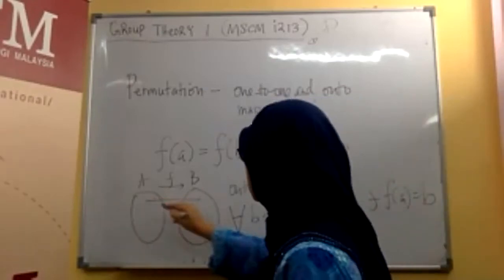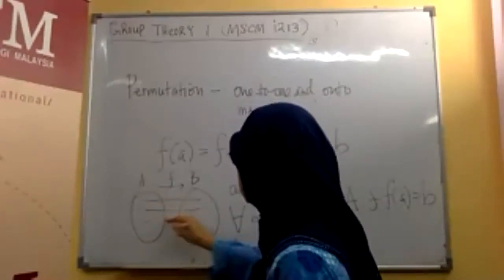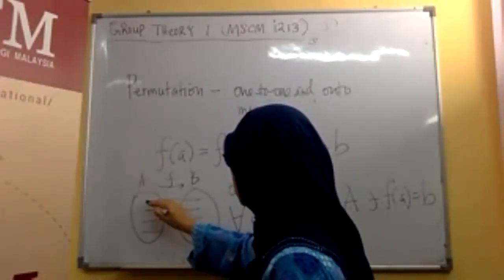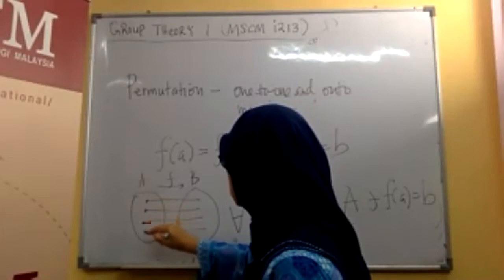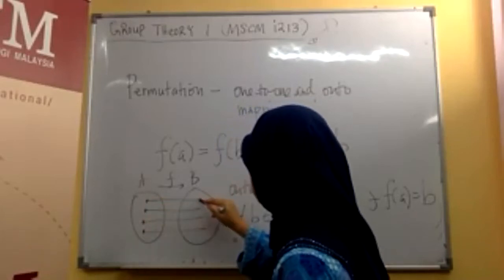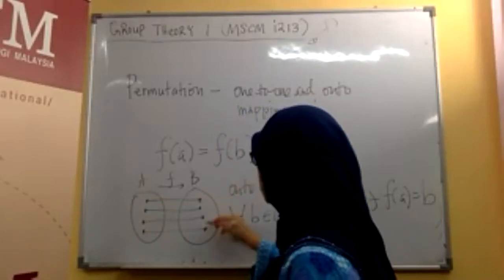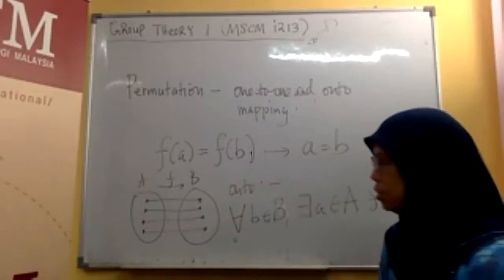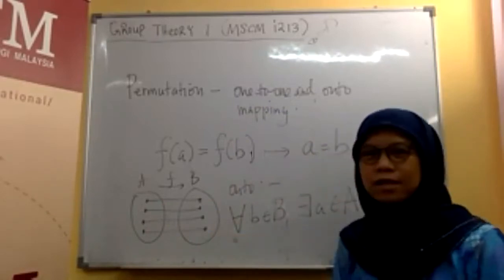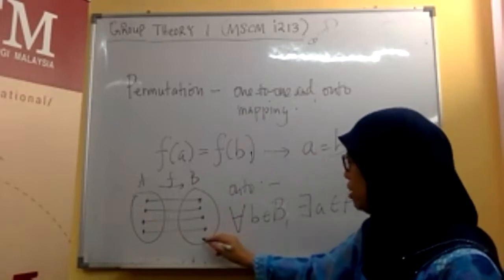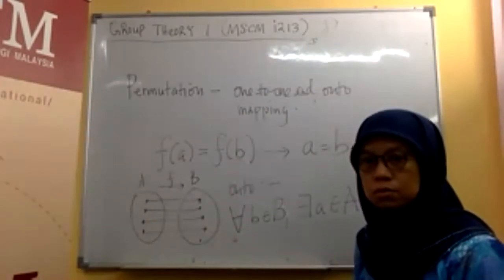So this is one of the examples, 1 to 1 and onto. If you have 4 here, you have to have 4 here. You cannot have an extra, because if you have this, it's not onto.